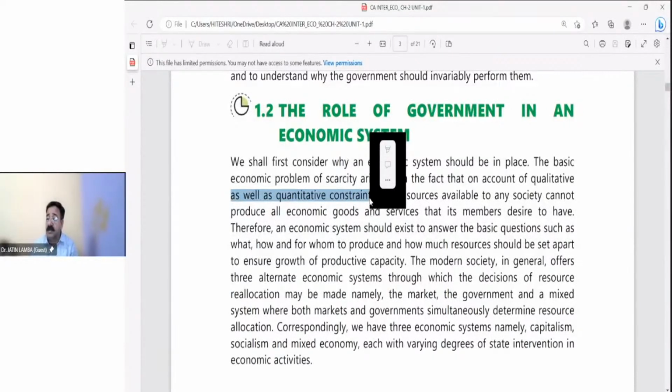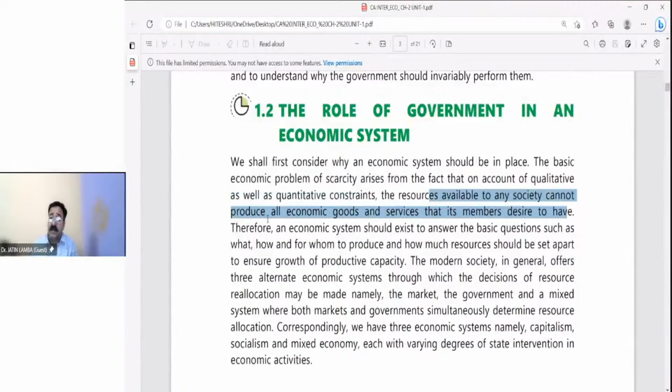Constraints means limitation. The resources available to any society cannot produce all economic goods and services, right? Scarcity means shortage. So all economic goods cannot be produced, and the needs of all the people of the society cannot be fulfilled simultaneously.